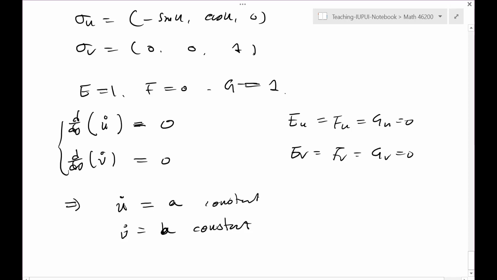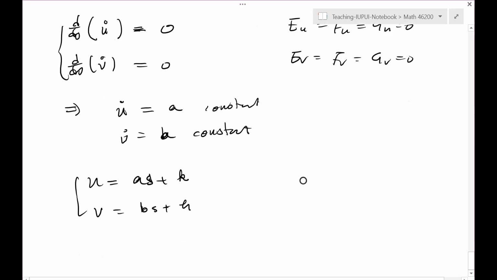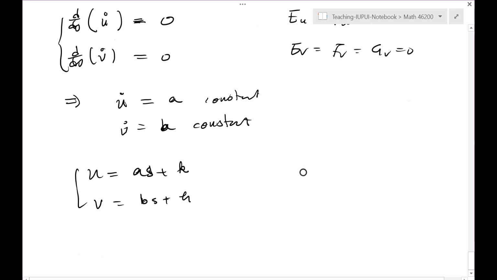So I can find the general form. It's going to be U equals AS plus K, V equals BS plus H, for example. That means the geodesics are in this form.